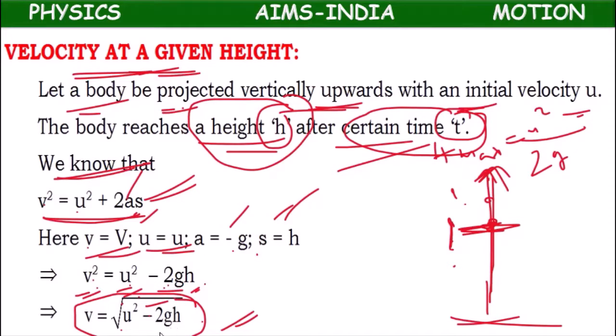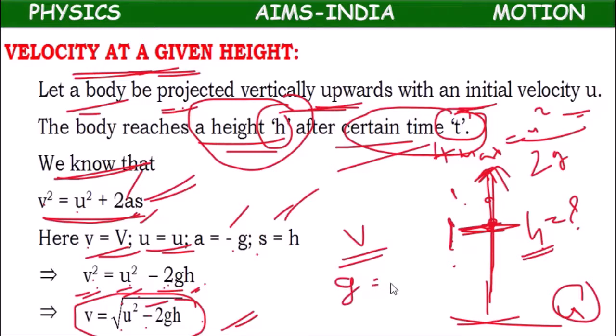If we want to find the velocity at a certain height, we need to know that height, and also the velocity with which we are throwing it up. The g value is constant, 9.8 or 10. If you know these three values, we can find the velocity at a certain height.